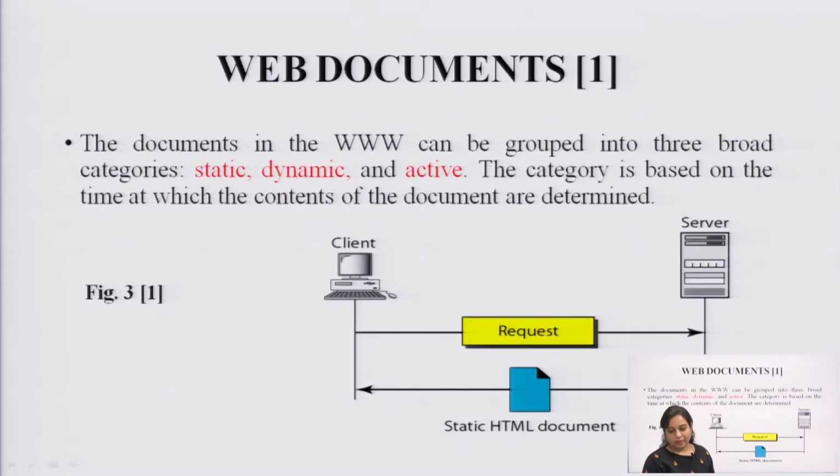So, this is the browser concept. Now, next is the web documents. The documents in WWW can be grouped into three broad categories: first the static web document, then the dynamic web document and the active web document.